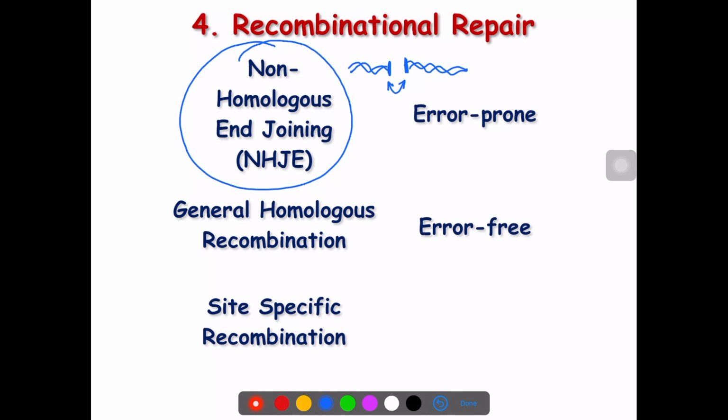Now, the issue with this is that whenever you have a break in DNA, there is a very high frequency of the initial break triggering the activity of exonucleases that will chew up the free end that has been produced, therefore producing substantial losses in the sequence of the DNA. So those are deletions that are now being introduced into your DNA, and that happens whenever you have free ends.